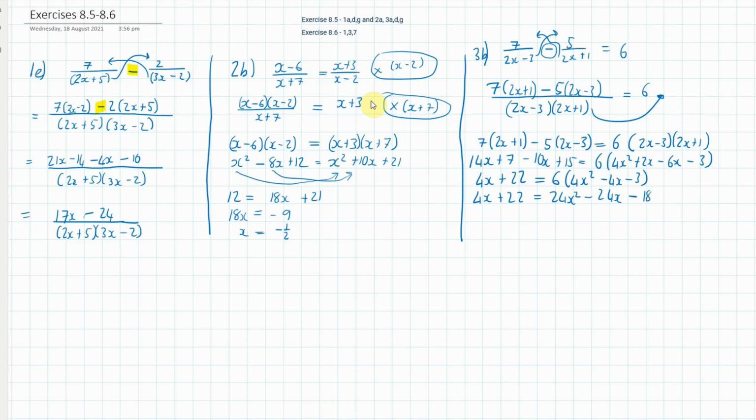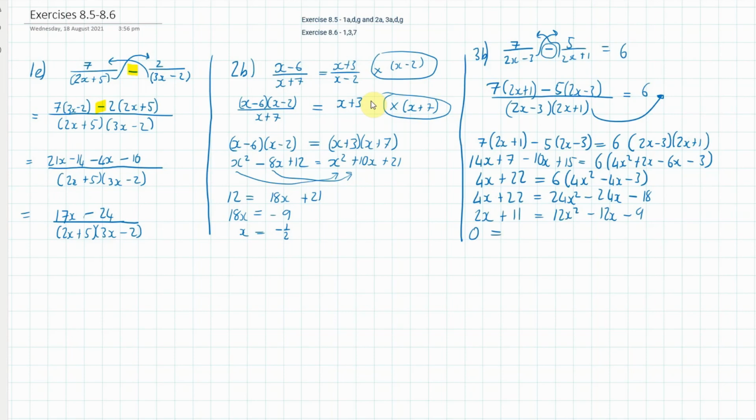Now I'm going to divide everything by 2, because as you can see, everything has 2 going into it. So 2x plus 11, then I divide every term on the other side by 2, so I get 12x squared minus 12x minus 9. I'm going to pull everything across to that right hand side.